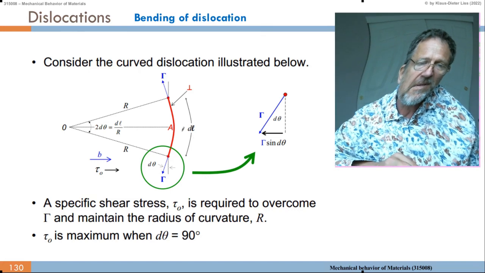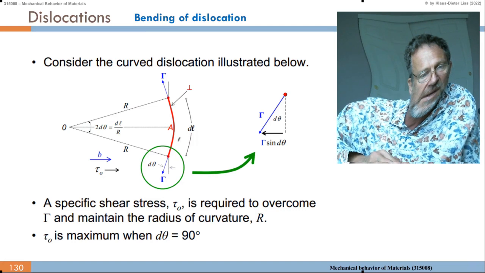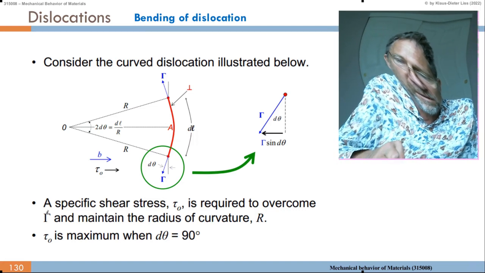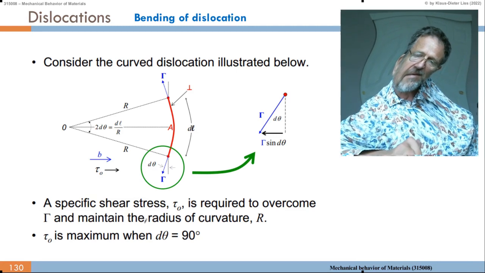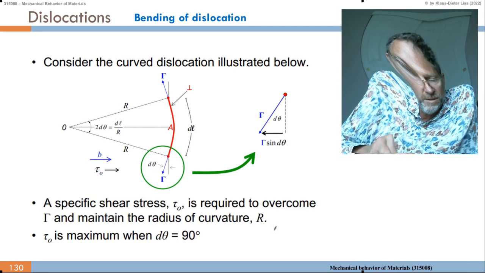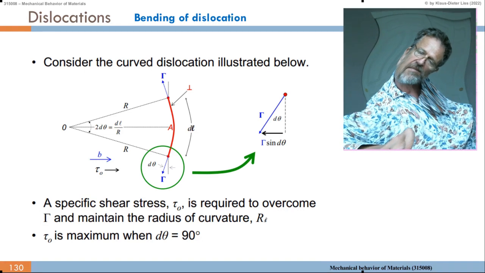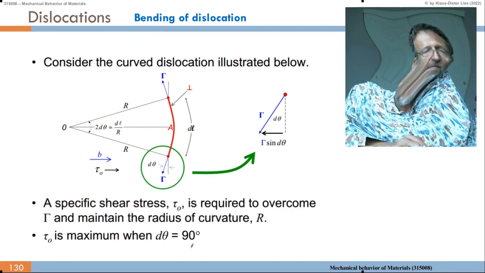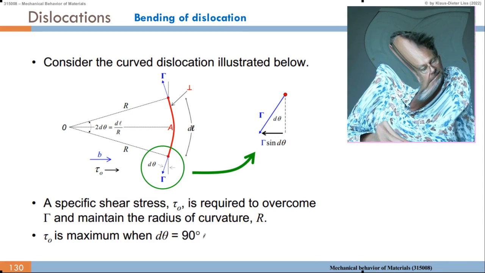So you need a specific shear stress to move this red dislocation from straight to curved, and you need to overcome the line force gamma and maintain the radius of curvature r in a stable situation. And tau 0 is maximum when delta theta becomes 90 degrees.